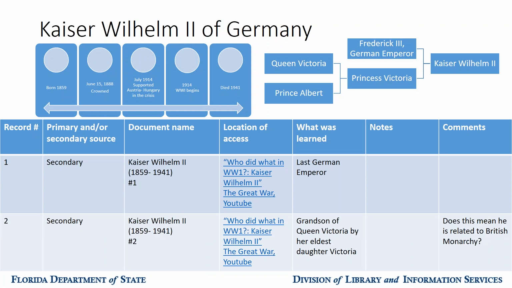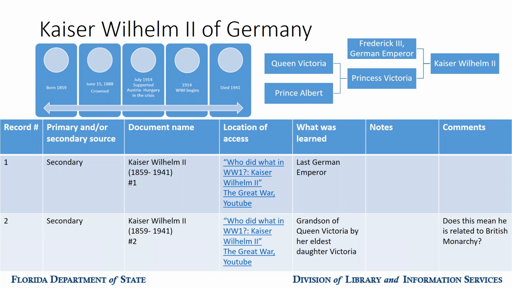So that period was actually referred to as the crisis of 1914. And Kaiser Wilhelm died in 1941. There are other important events in his timeline, but because of the lesson being focused on World War I, these are the ones that were most prominent about his character of this time period.